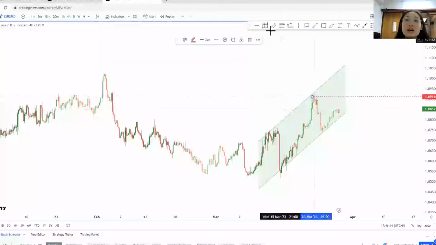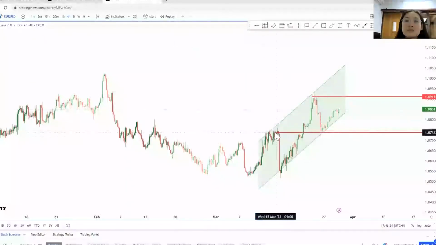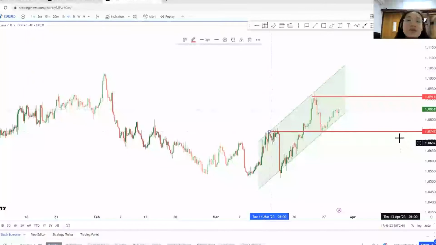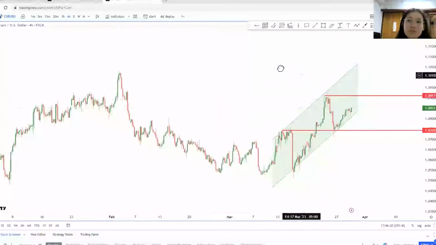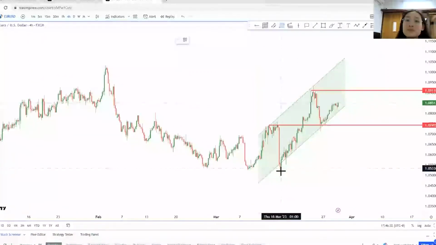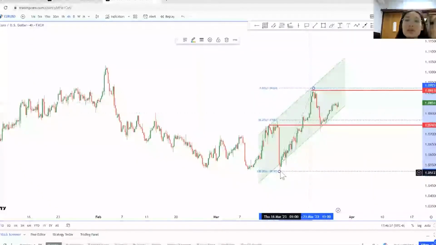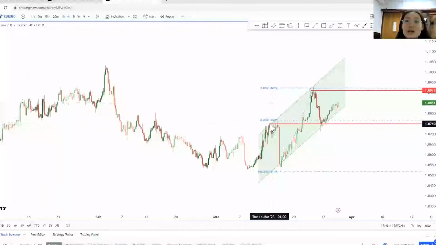Let's go ahead and plot our support and resistance levels. Over here, I have an overlap support level since we have a swing high as well as a swing low here. On my Fibonacci retracement, I can see that the 38.2% lines up nicely with my first resistance here.